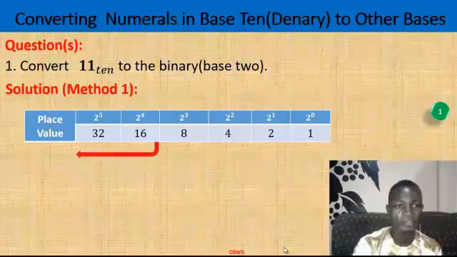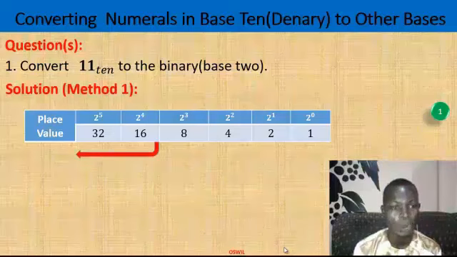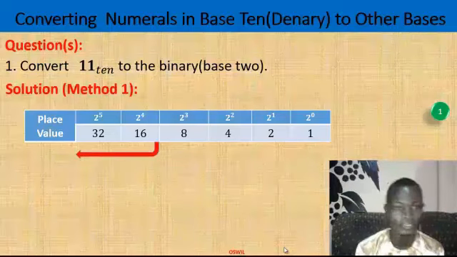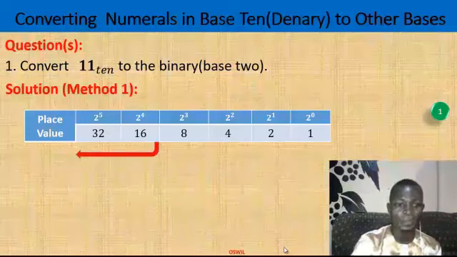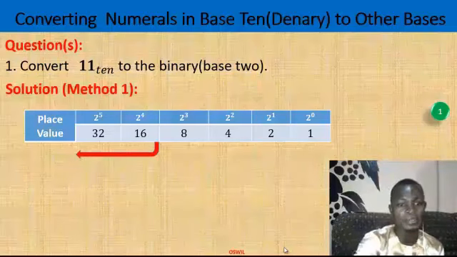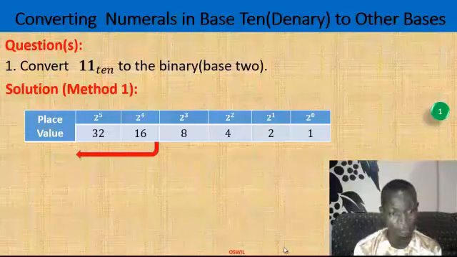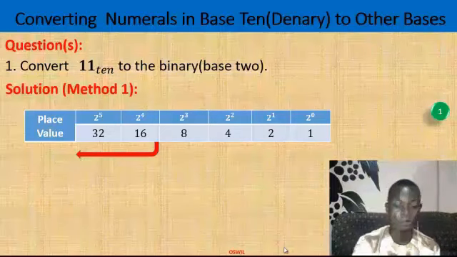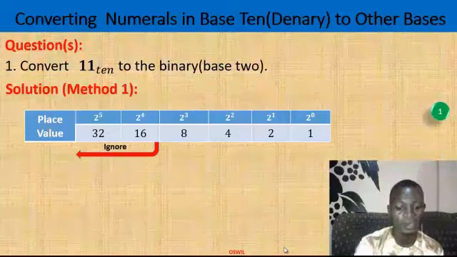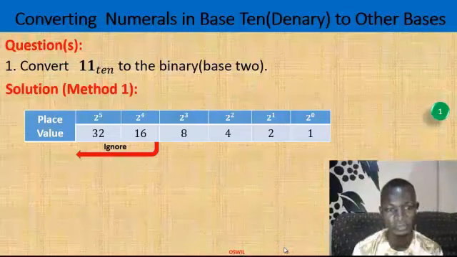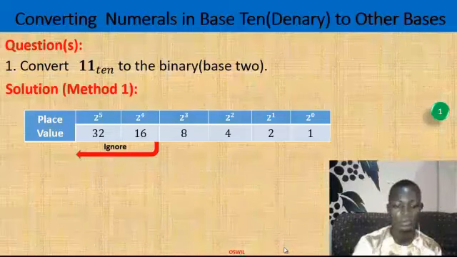Now, the number to be converted is 11. And we know that 16 and 32 are above 11. Therefore, we do not accept them; we rather ignore 16 and 32.